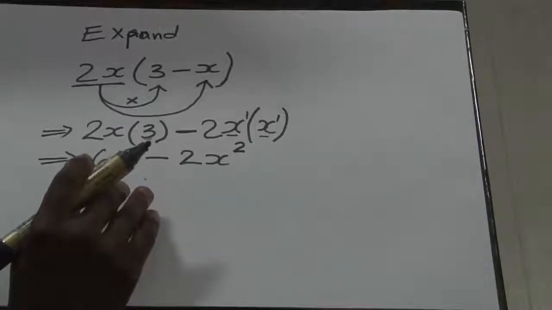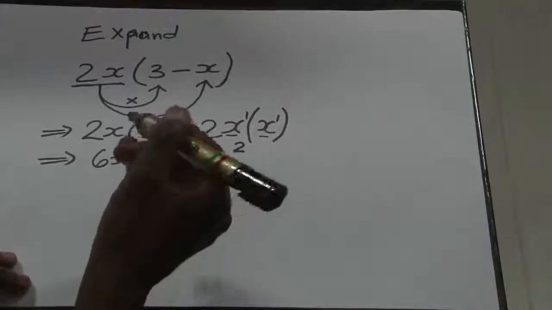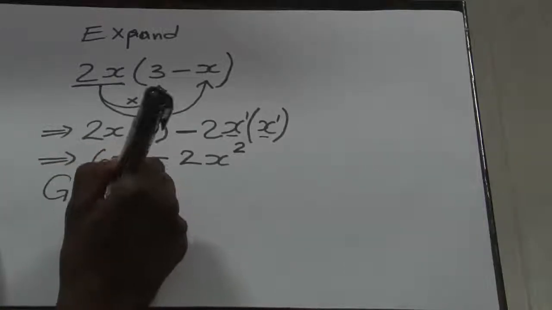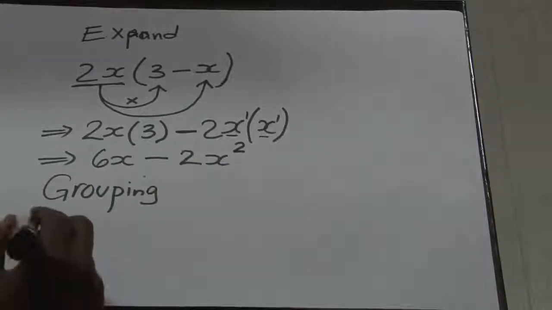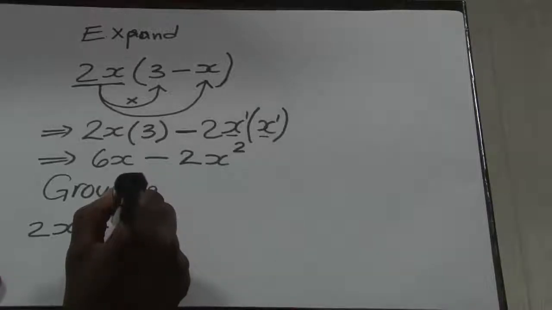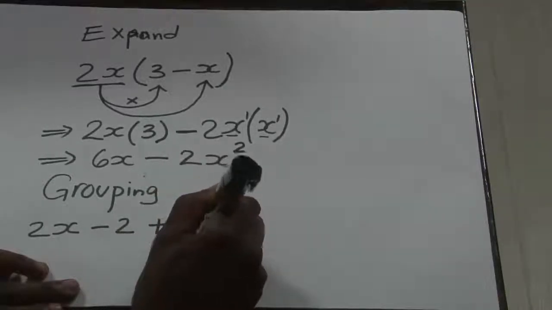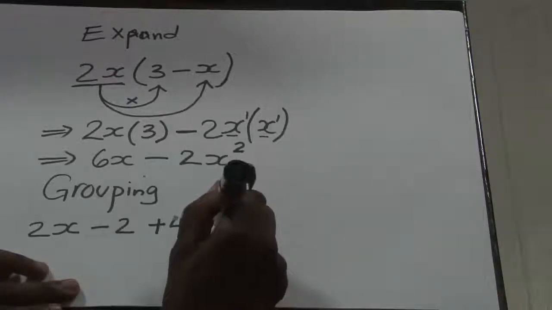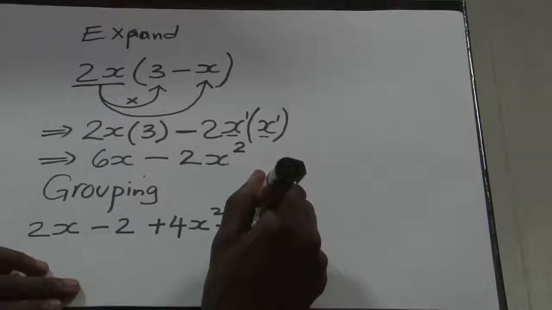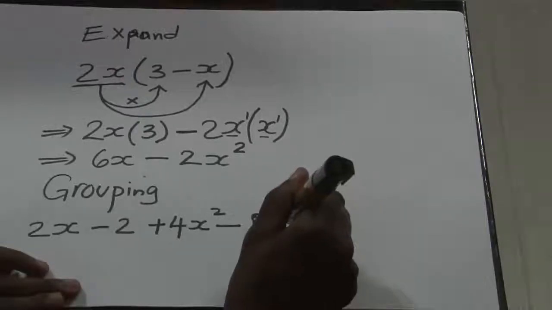Also we have different types of factorization. You can do grouping. For example, if you want to look at grouping, let's say you have 2x minus 2 plus 4x squared minus 4x.